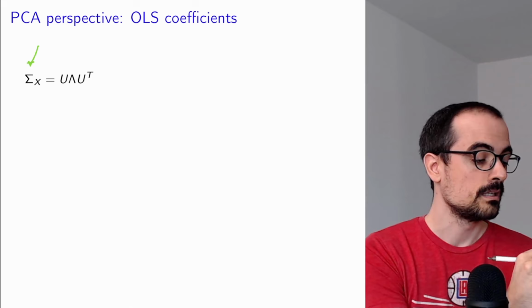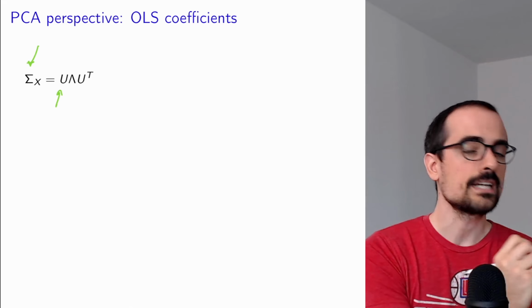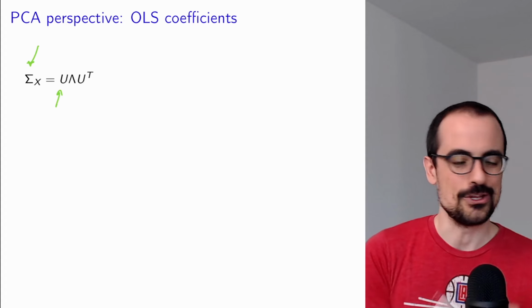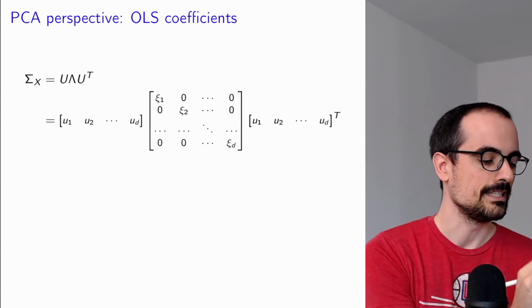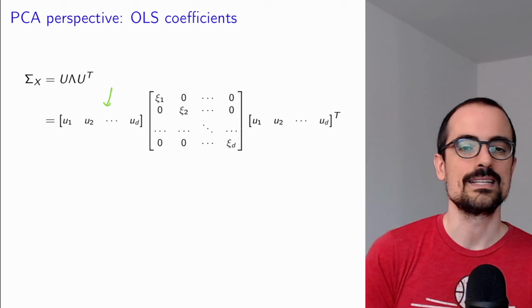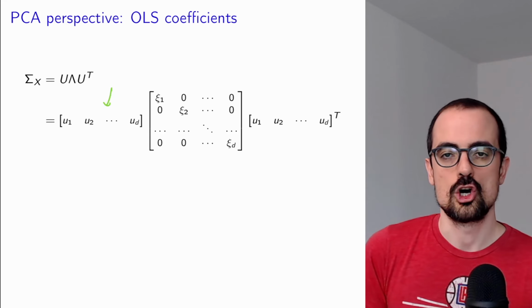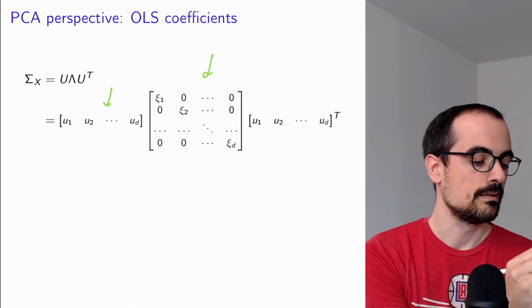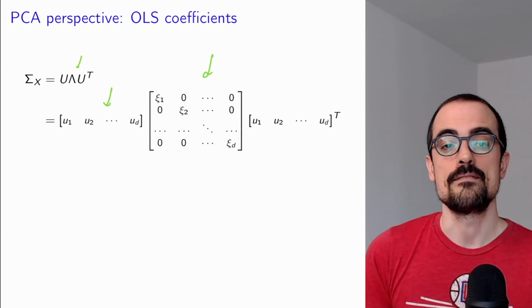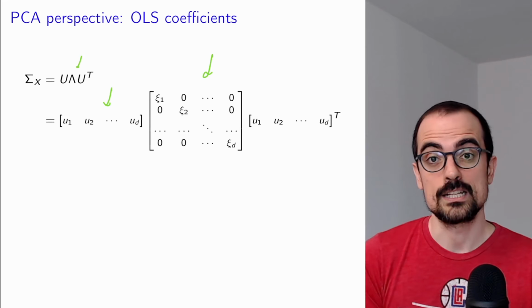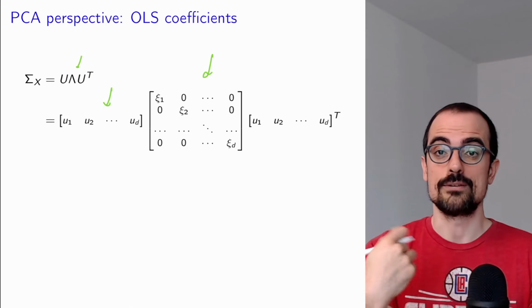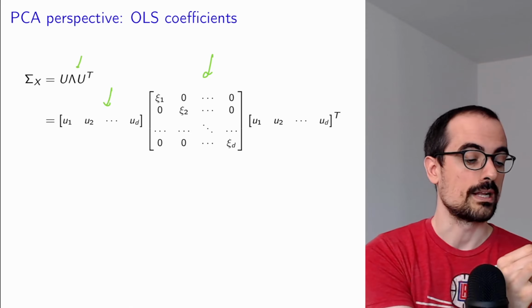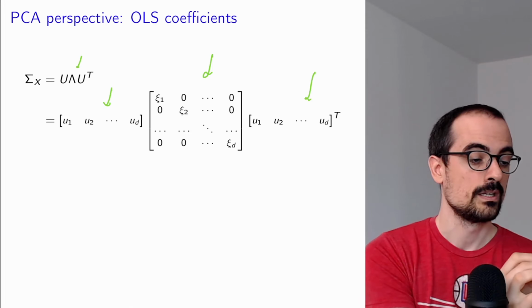That gives us this matrix U that contains the principal directions of the features, this diagonal matrix big lambda that contains the sample variance of the features in those directions of space, and then we have the transpose principal directions.